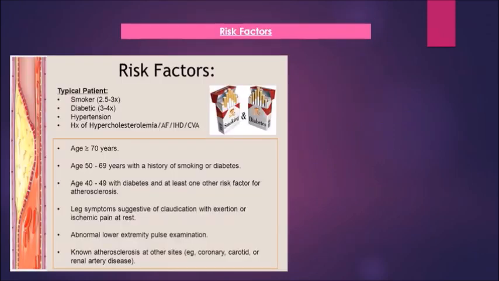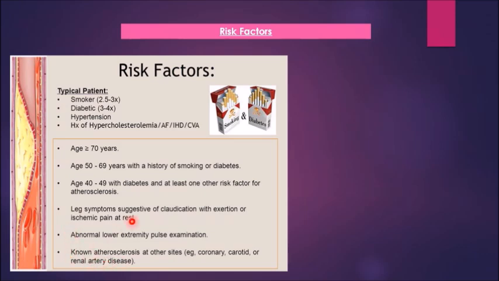Now, what are the risk factors for this disease, peripheral vascular disease? The risk factors basically are smoking, diabetes, hypertension, and history of hypercholesterolemia associated with atrial fibrillation, ischemic heart disease, or cardiovascular accidents. So these are the important risk factors: age, leg symptoms, abnormal lower extremity pulsation, and a known case of atherosclerosis.